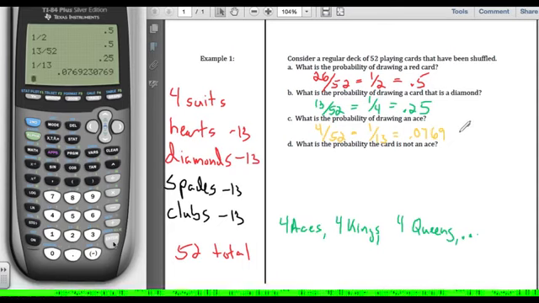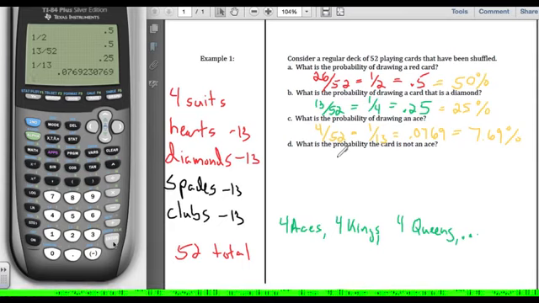You could also list these out as percentages. 0.5 is the same as 50%. 0.25 is the same as 25%. And we could say that this is 7.69%. Finally, in D, what is the probability the card is not an ace?